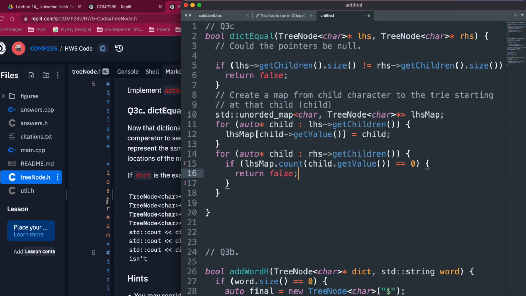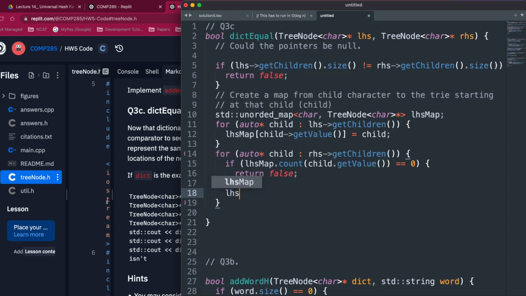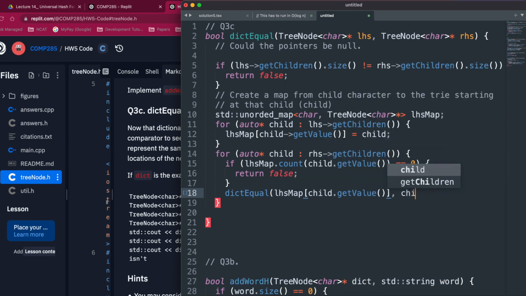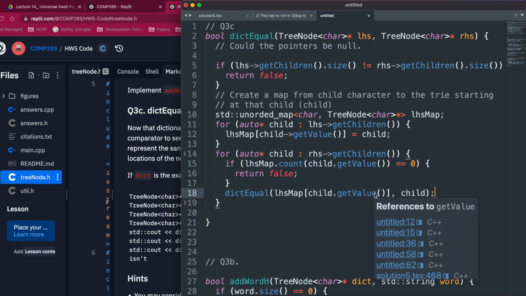We can immediately return false because we found two children that don't match up, right? Otherwise, it does have a child with the same value. So we want to get that child. And we want to see if that child is equal to the right-hand side child. So we get this child, and we pass it into dict equal to see if they're equal.